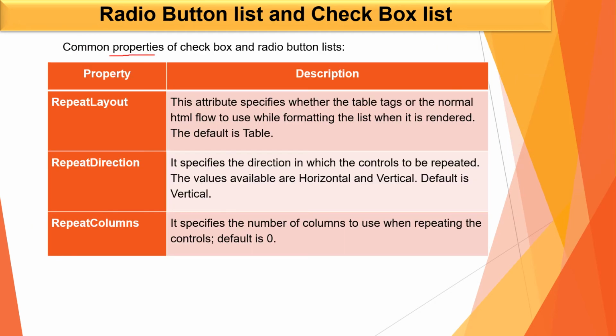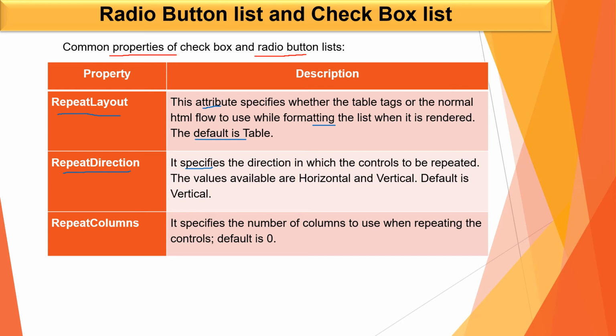What are the common properties of the CheckBoxList and RadioButtonList? The RepeatLayout property specifies whether table tags or the normal HTML flow is used while formatting the list when it is rendered. The default is Table. RepeatDirection specifies the direction in which the controls are repeated.